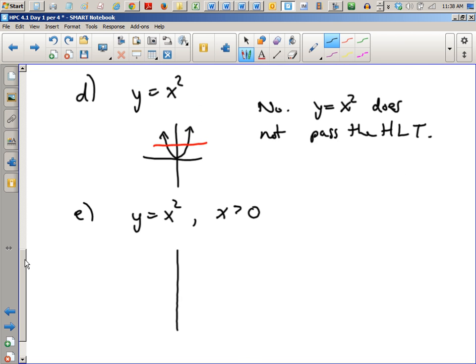This would be a yes, because we would only be interested in graphing this part, see? And that thing is one-to-one. Okay, so you would say yes, y equals x squared is not one-to-one.